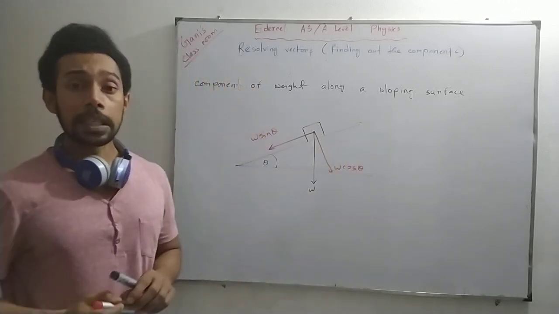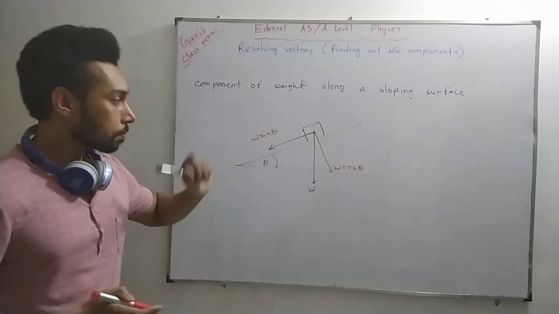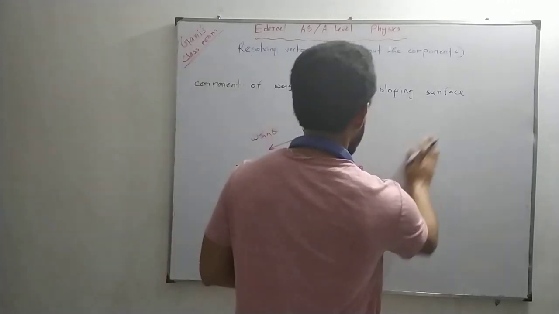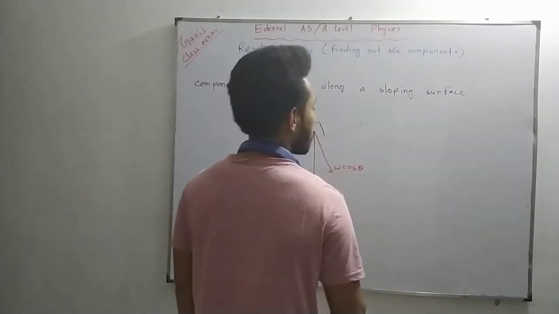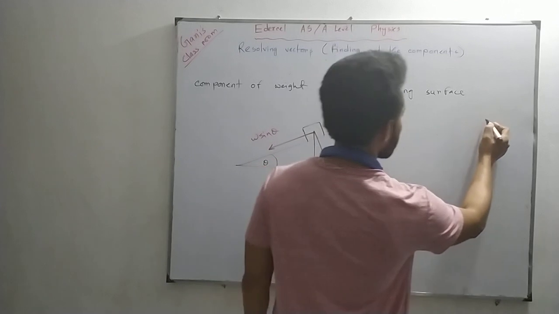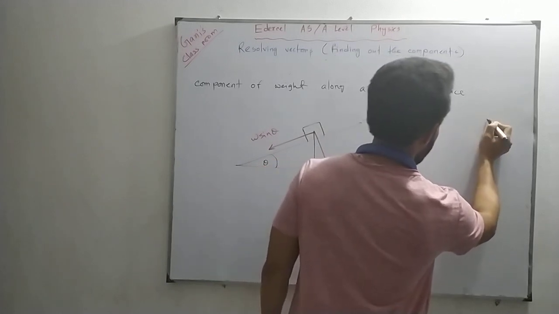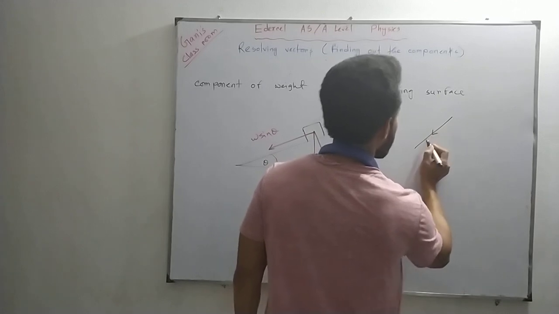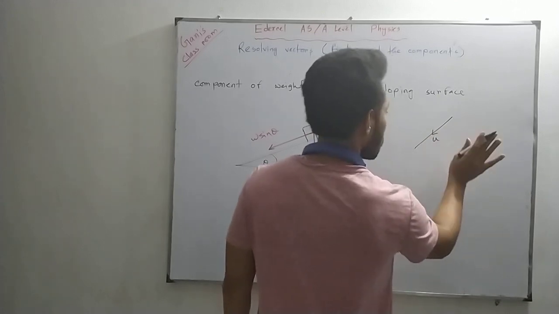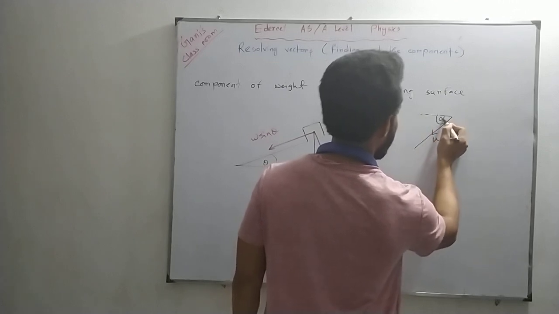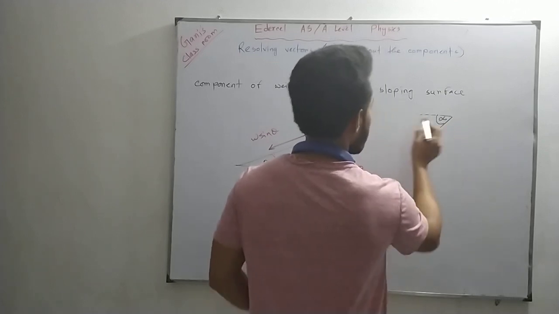Okay, now we are going to derive how this comes. First, consider the previous one when we were discussing the components. Suppose this is a vector u, acting with an angle alpha with this direction.